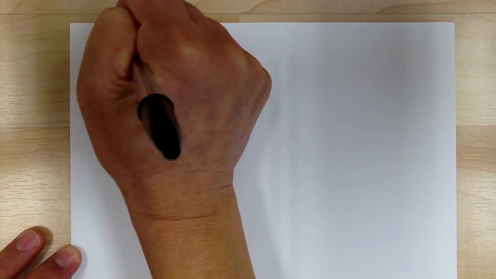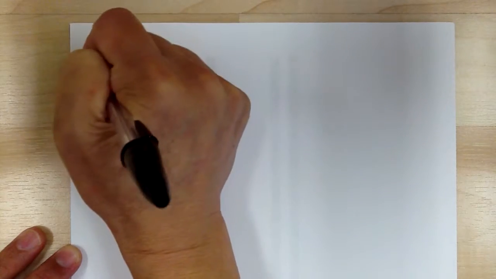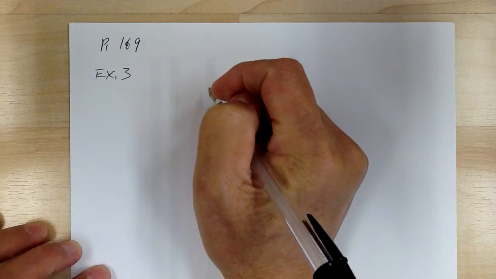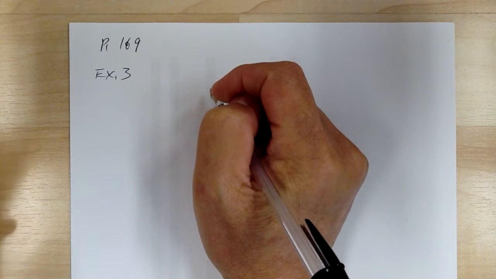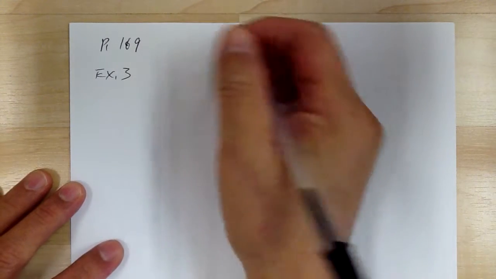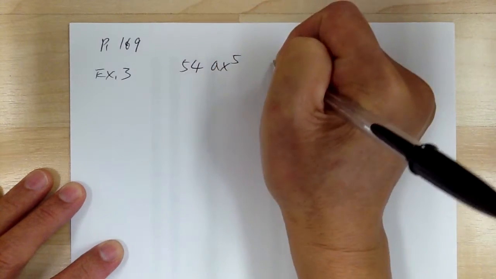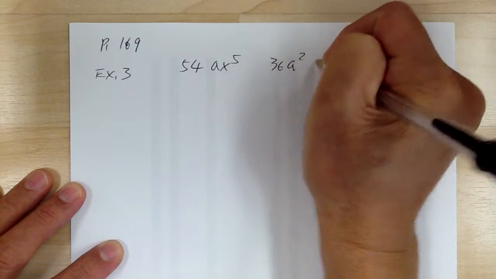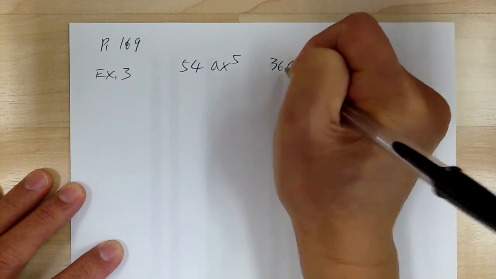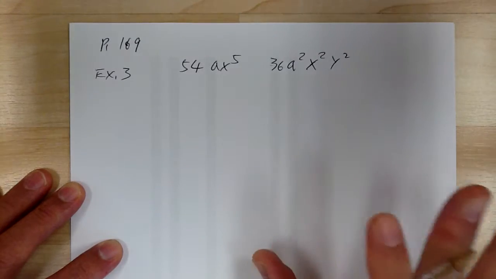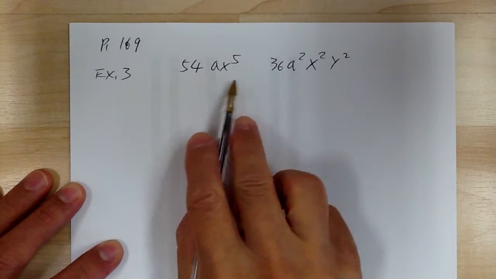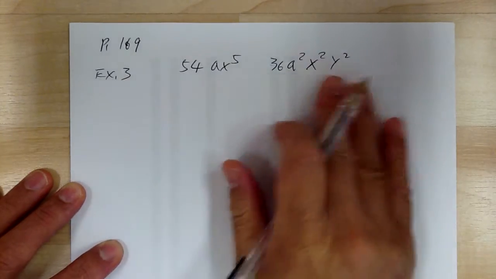Now let's go to example 3. Again, you're looking for the GCF and LCM, but this time there is a variable. You have 54 a x to the 5, and 36 a squared x squared y squared. When you're doing the GCF and LCM with variables, don't worry about the variables right now.